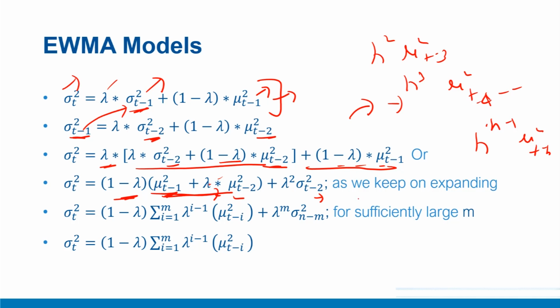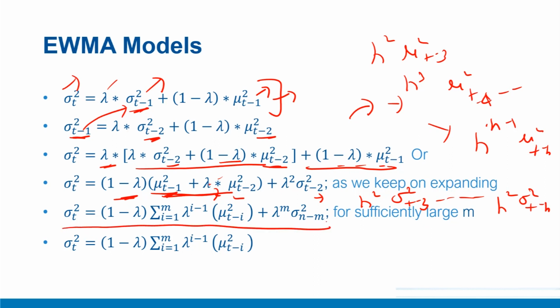The historical estimate will keep moving further in time, t minus 3 and so on, lambda square sigma square t minus n, as we keep moving historically in time. So a generic term like this would be obtained, where the innovation term has the summation series 1 minus lambda, summation i equal to 1 to m, lambda to the power i minus 1, while the historical estimate of volatility has lambda to the power m into sigma square t minus m.